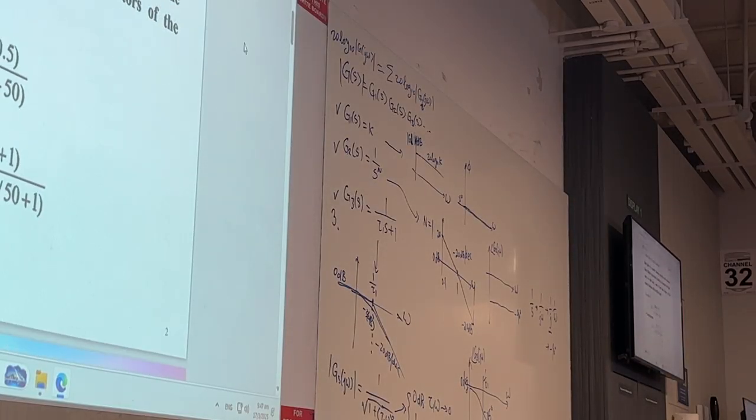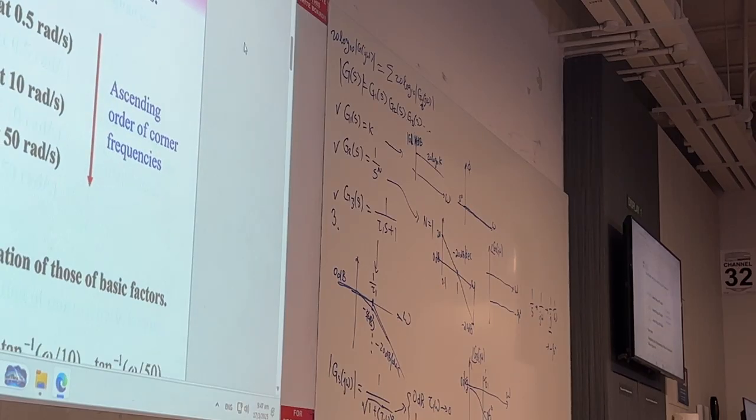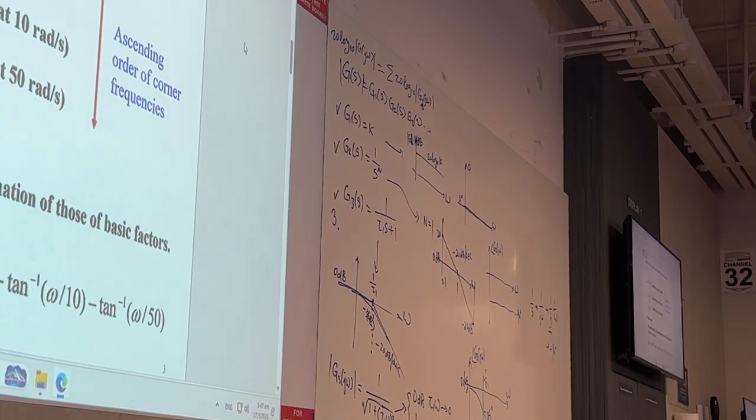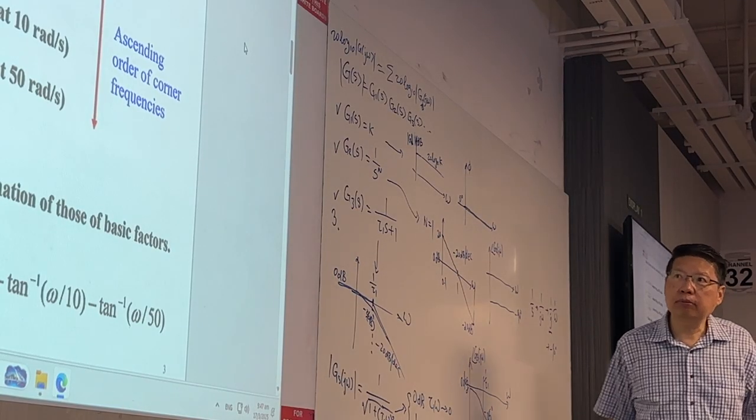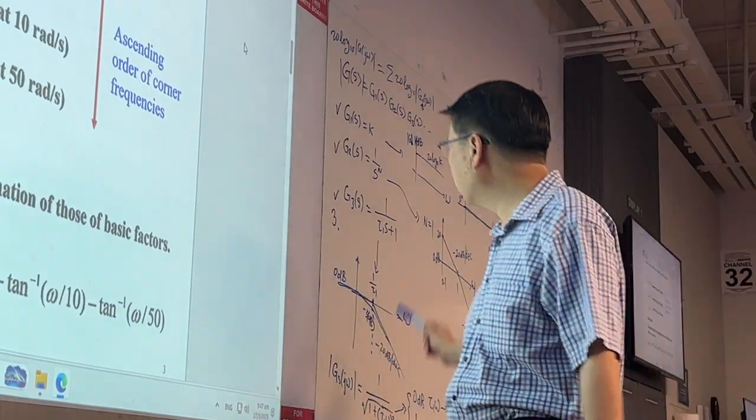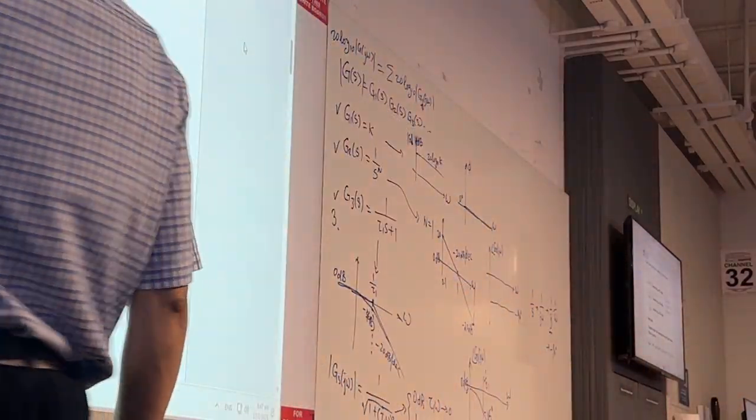So when we have 5 factors, what do we do? Which one comes first? Which one do we consider first? We rank them by the ascending order of the corner frequency value. The corner frequency value, as we said, is 1 over tau.